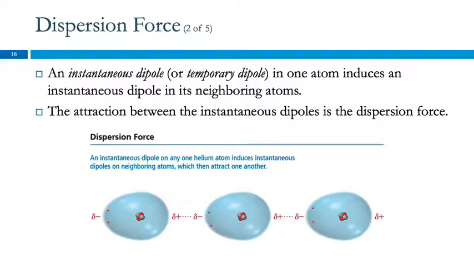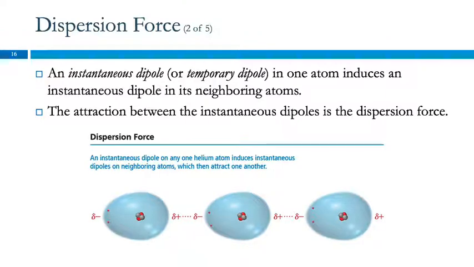This atom having an instantaneous dipole can have an effect on a neighboring atom, because this positive end of this atom attracts the electrons in the neighboring atom. And they're like, oh, we like that. They come over here, and that causes this atom to have an instantaneous dipole, which can induce an instantaneous dipole in the next atom.